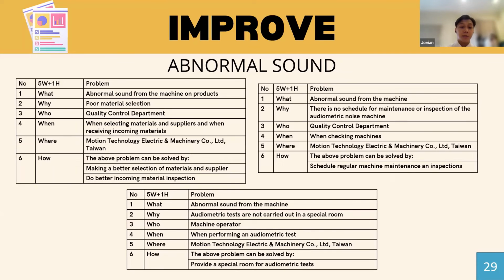For the abnormal sound problem, 5W plus 1H is used to overcome problems caused by poor material selection, no maintenance schedule and check on the audiometry noise test machine, and audiometry tests that are not carried out in a special room.